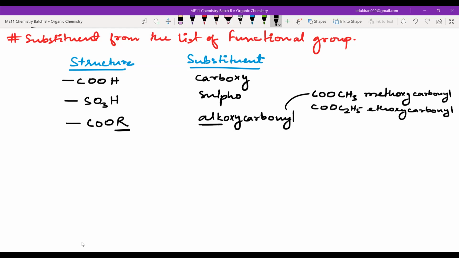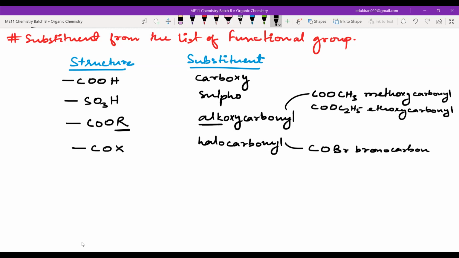Now after that you had COX. This will be halocarbonyl. To give an example, you can have COBr. This will be bromocarbonyl. Similarly, you can also have COCl. This will be chlorocarbonyl.